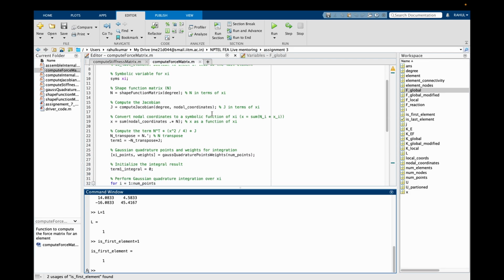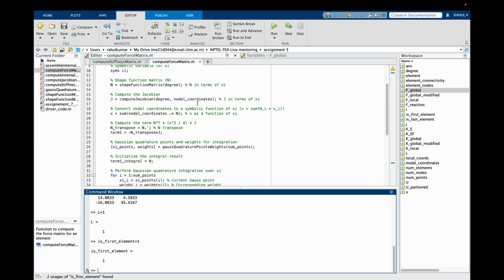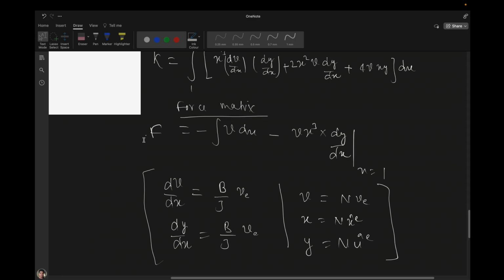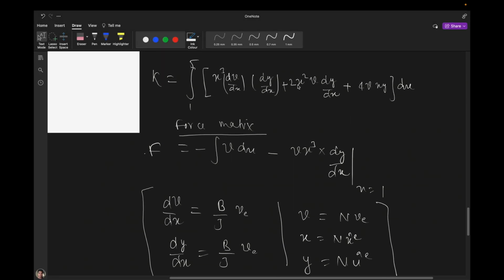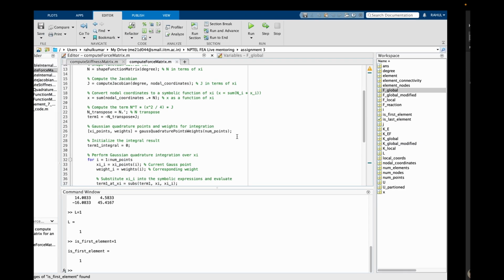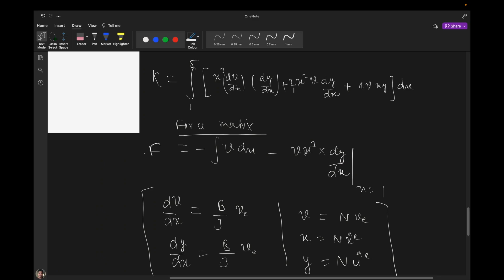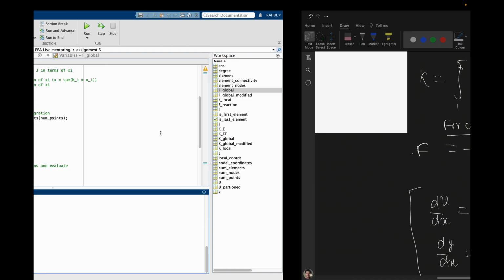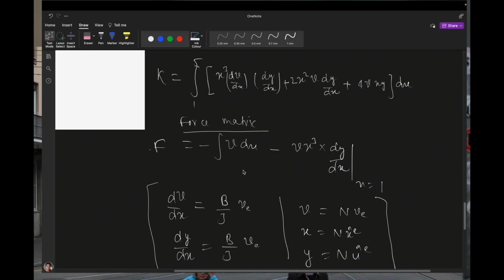Before that I will go through it one by one. Here you can see the shape function matrix, the Jacobian, and x, that is nothing but the coordinate. We will need N transpose when we write it.